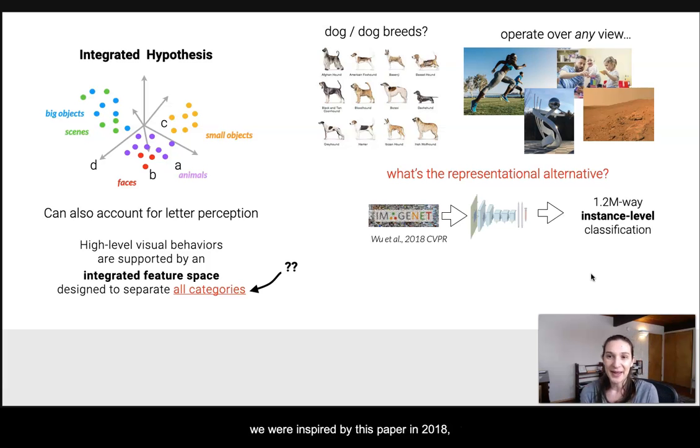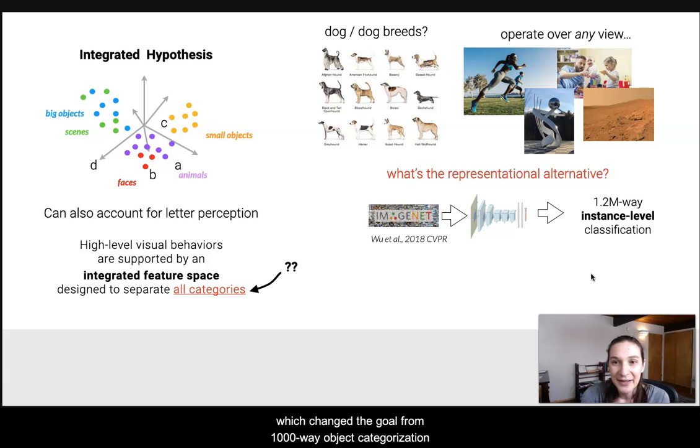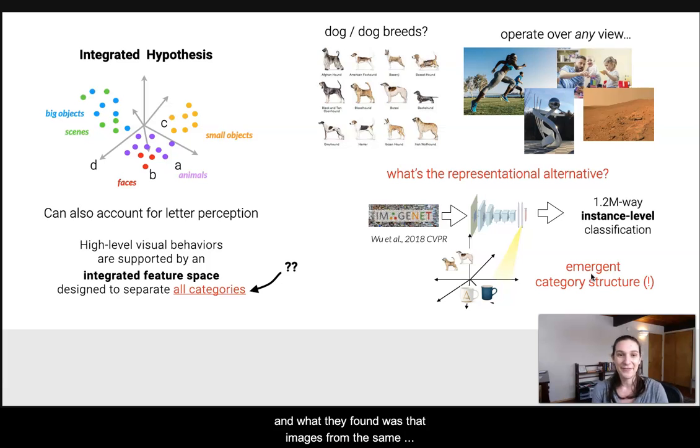So we were inspired by this paper in 2018, which changed the goal from 1,000-way object categorization to 1.2 million-way image level classification. That is, to try and make every image separable from every other image. And what they found was that images from the same category naturally ended up nearby in the output space, even though that wasn't part of the explicit goal.